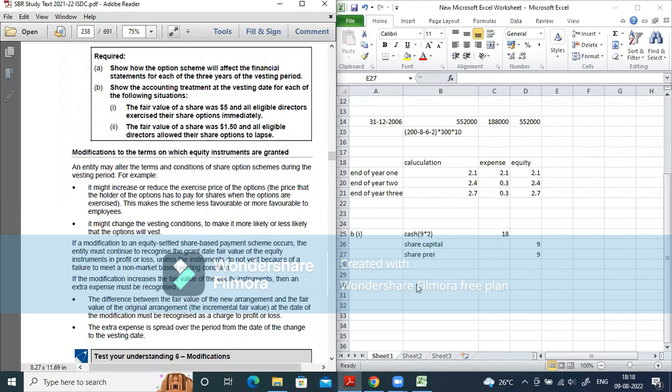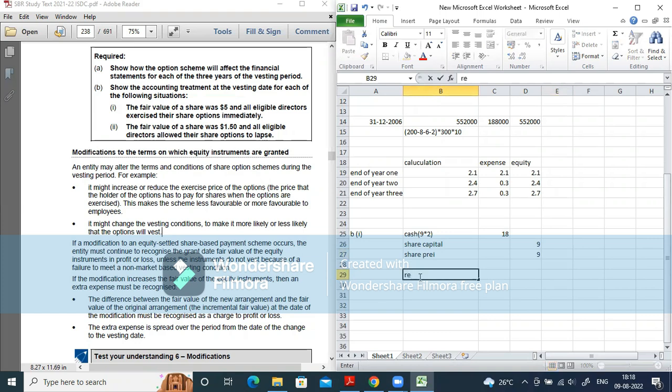share options to lapse. So whenever there is a lapse, whatever this 2.7 which we recognized in equity, we will be transferring it to retained earnings. So here in that case, we'll write it as revaluation surplus 2.7.